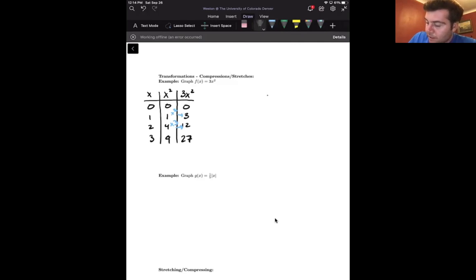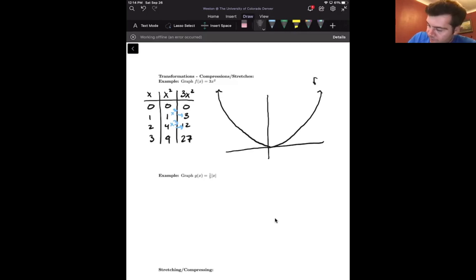So what this ends up looking like on our graph is we can start with our usual quadratic. So this is a poor drawing of f of x equals x squared. And just because we already talked about f of x, let's call this one actually g of x equals x squared.